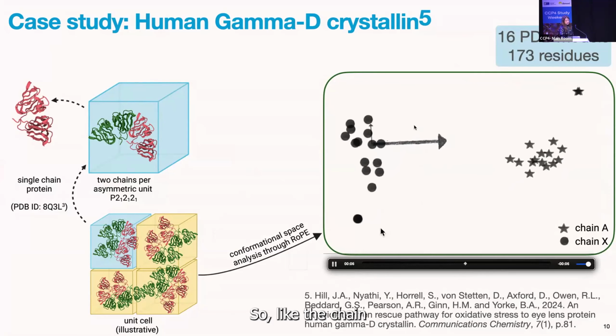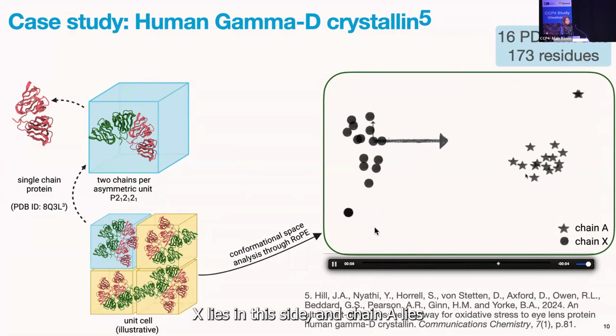Chain X lies on this side and chain A lies on this side, and in this protein each chain has a different movement, let's say.